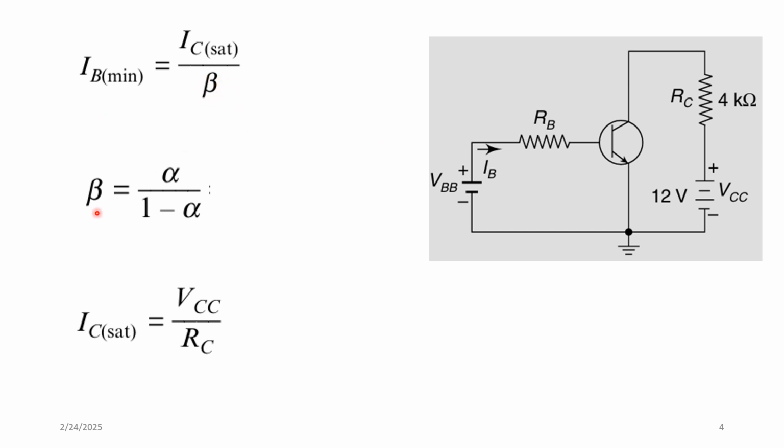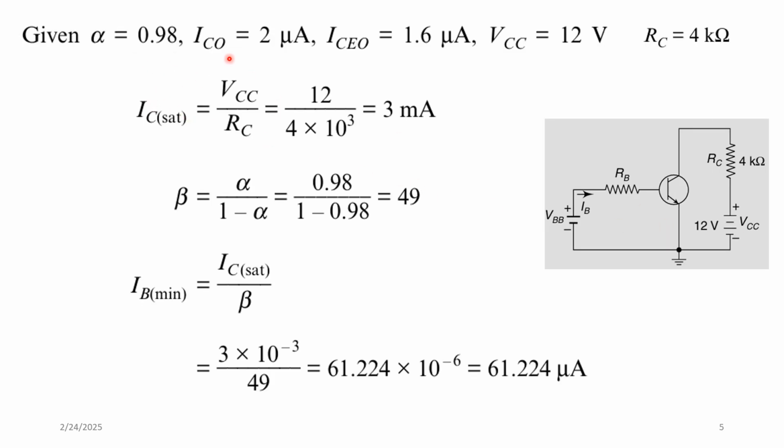To calculate beta, we use alpha divided by 1 minus alpha, and IC saturation, based on the circuit, is VCC divided by RC. Using IC saturation and beta, we can calculate IB minimum.